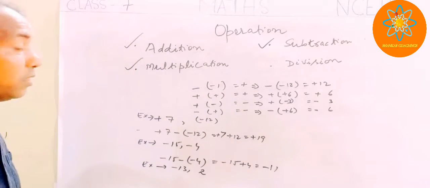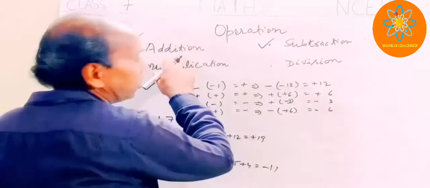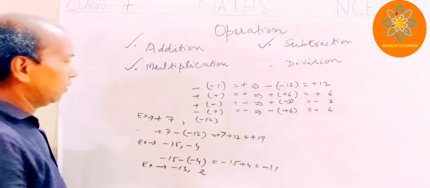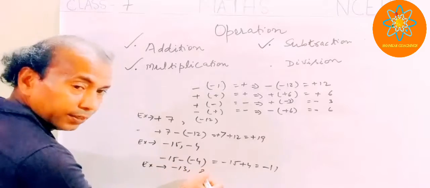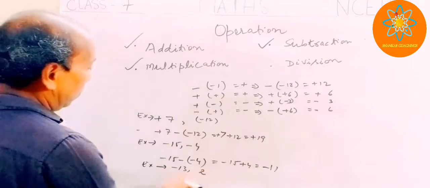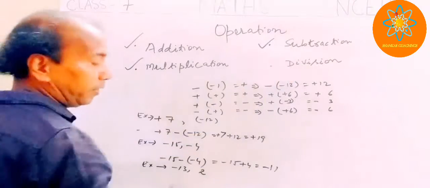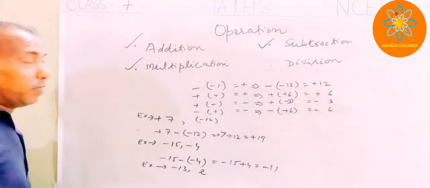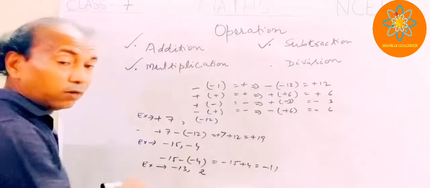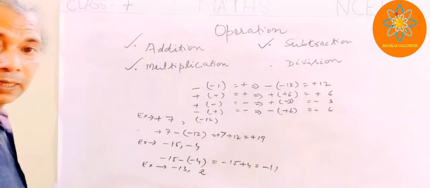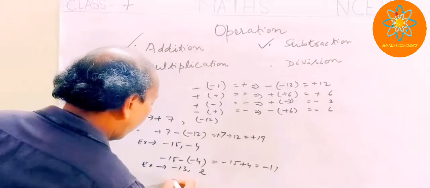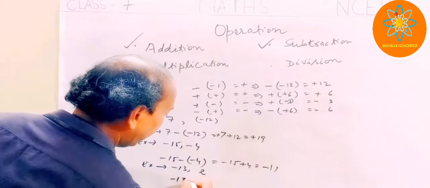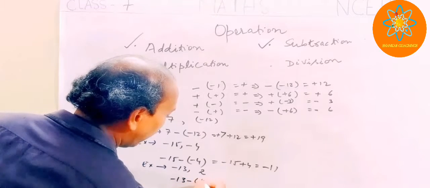Without the concept of multiplication and addition, you cannot subtract integers. For example, minus 13 and 2. Why? The reason is, see, I can write this way: minus 13, minus, and this is plus 2.